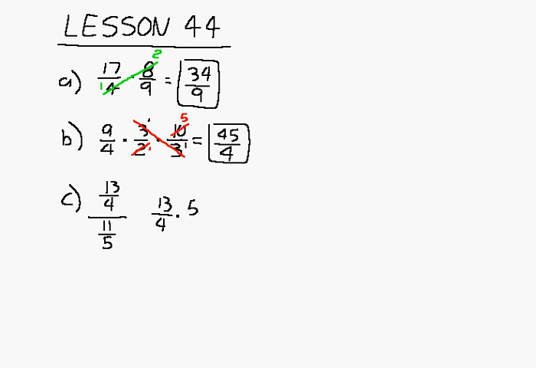So we say 13 over 4 times 5 over 11. We can't simplify anything there. So we just do 13 times 5, that's 65. Over 4 times 11 is 44. Okay, and that's our answer, 65 over 44.